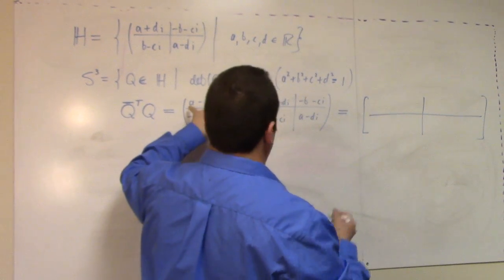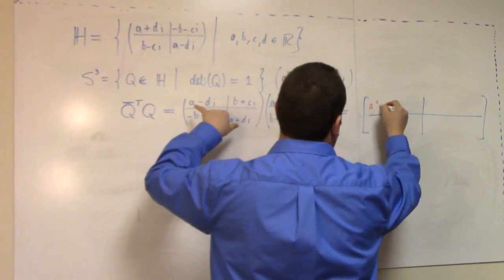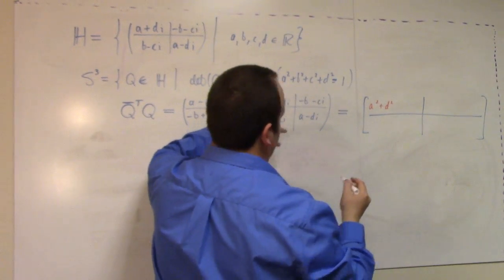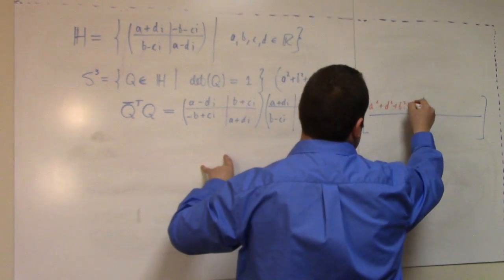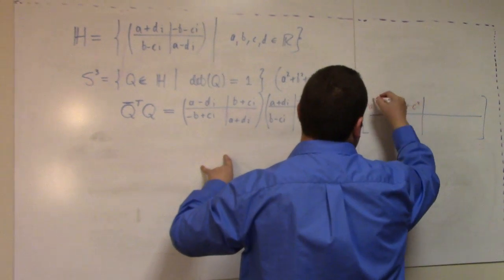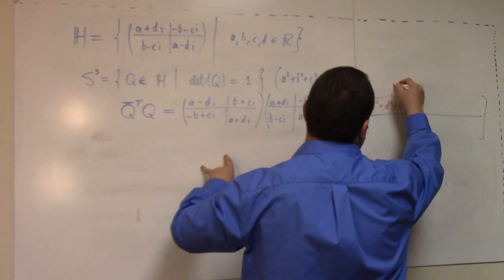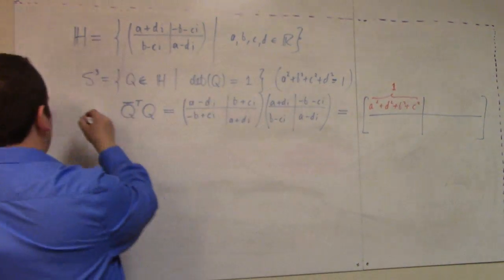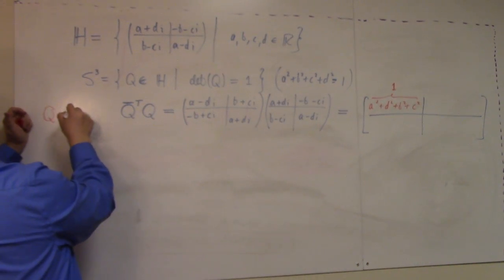That gives A squared plus D squared, and then this times that conjugate gives B squared plus C squared. Of course, we know that's 1 if Q is an element of S3.